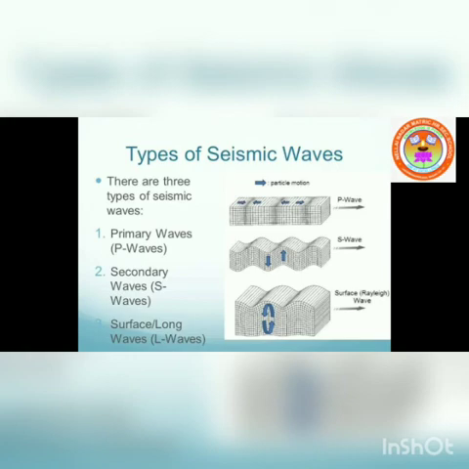The third one is L waves or surface waves. These are similar to P waves, but they travel primarily along the ground surface. These waves travel comparatively slower and are the most destructive waves. The average velocity of these waves is 1 km per second to 5 km per second.